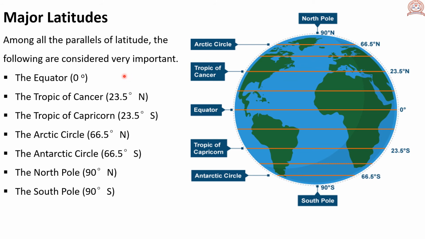Among these are the important latitudes. 0 degree is the equator, 23.5 degree north the Tropic of Cancer, 23.5 degrees south is the Tropic of Capricorn, 66.5 degree north is the Arctic Circle, 66.5 degrees south is the Antarctic Circle, 90 degree north is the North Pole, 90 degree south is the South Pole.